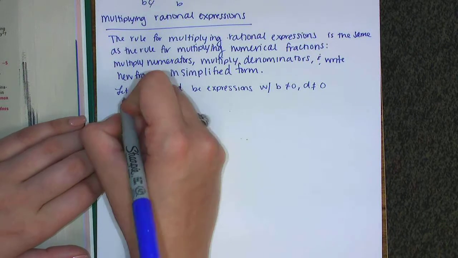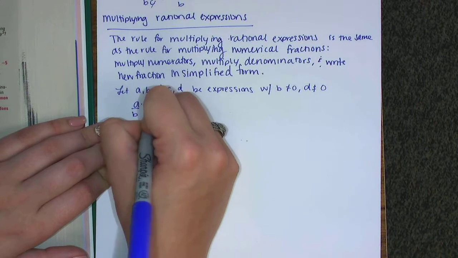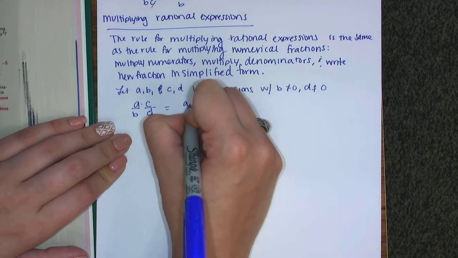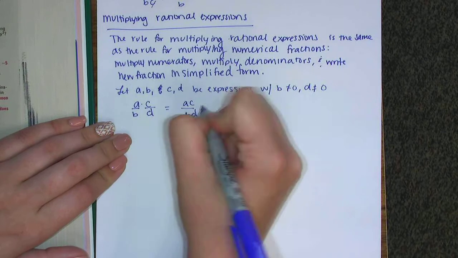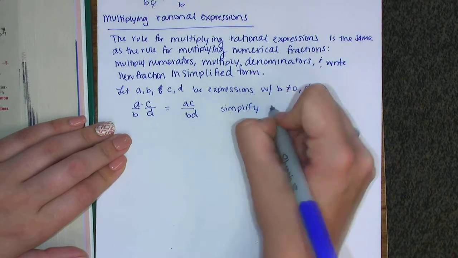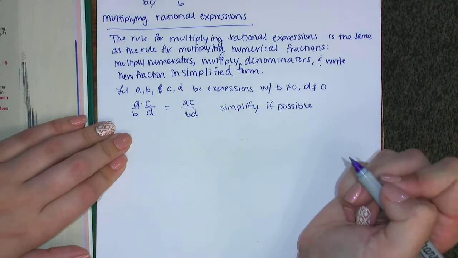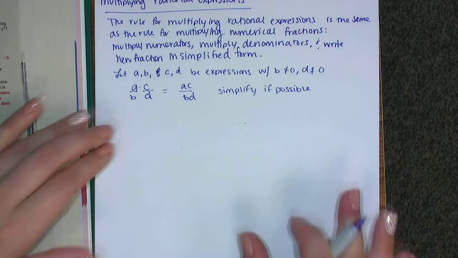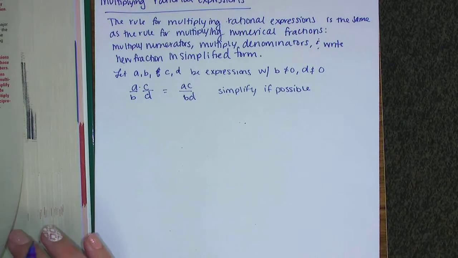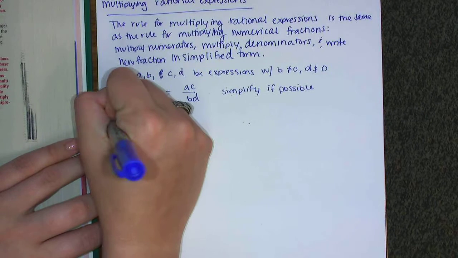Then the property says that A over B times C over D is equal to AC over BD. And we would simplify if possible. And then we have sort of the same thing for dividing rational expressions.